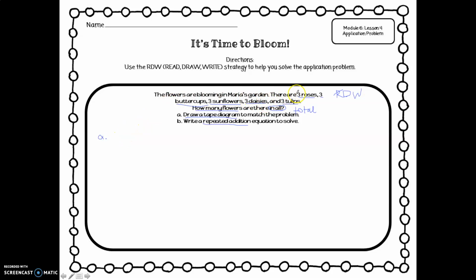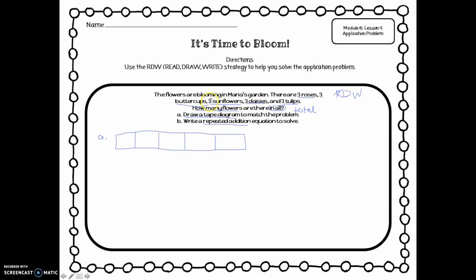And let's see, how many parts do we have to our tape diagram? We have 1, 2, 3, 4, 5 different types of flowers. So we need 5 parts. 1 part, 2 parts, 3 parts, 4, and 5 parts.